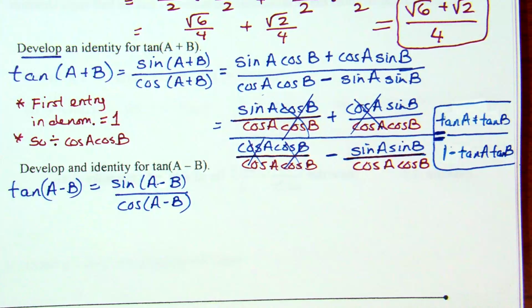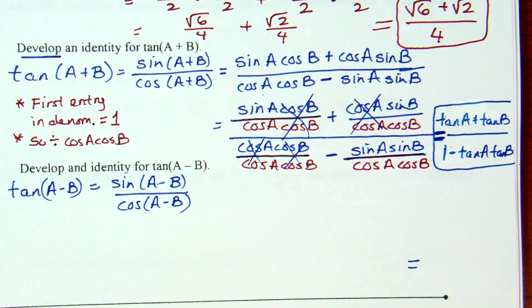Here's what I want to do. Based on what our answer was last time, do you remember what the identity for tangent of A minus B looks like? What changes? Yeah, our plus minus signs change, right?